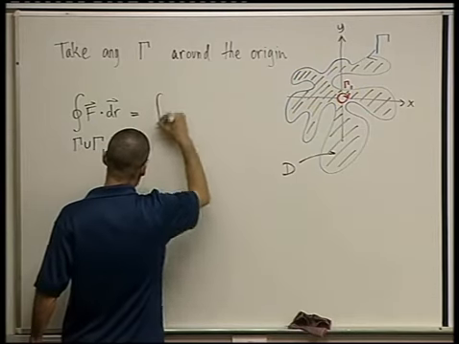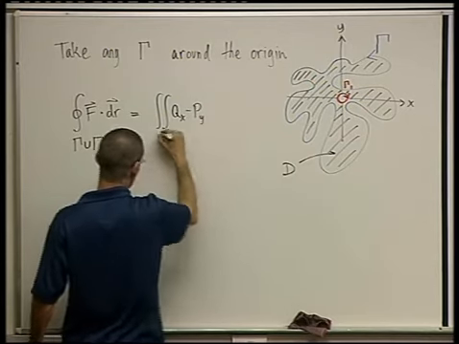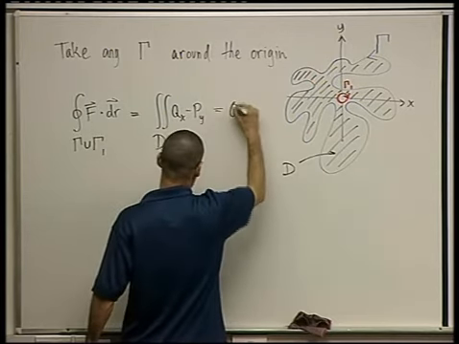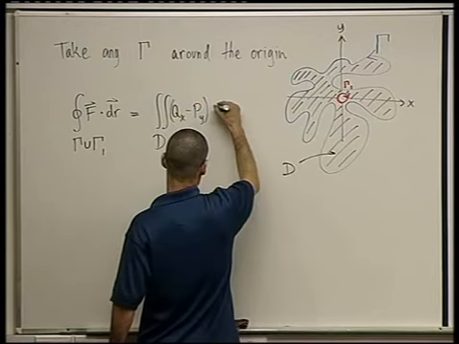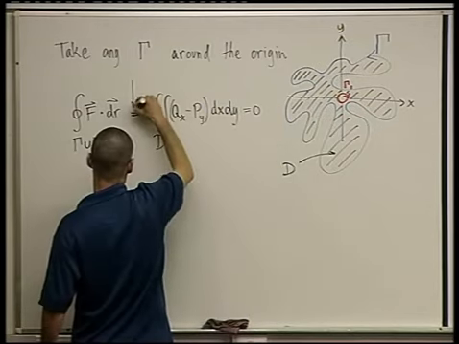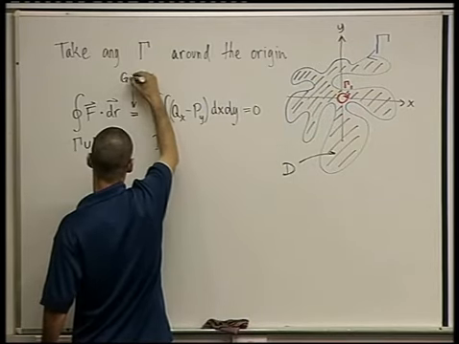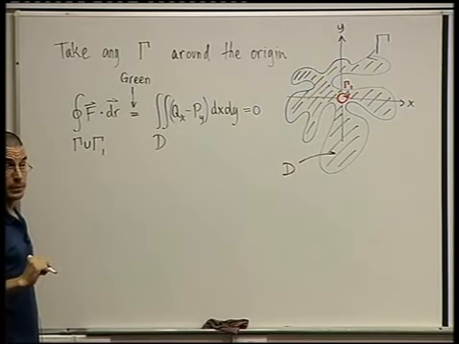This is equal to the double integral of qx minus py over the domain D, which is 0, because qx was equal to py. So here, Green's theorem does hold. Do you agree?